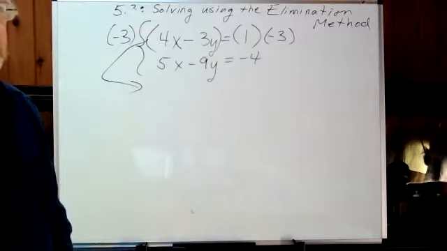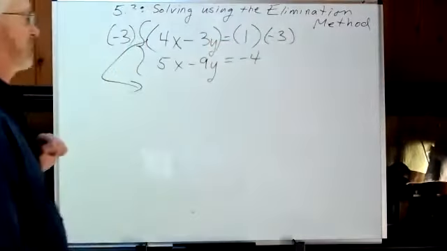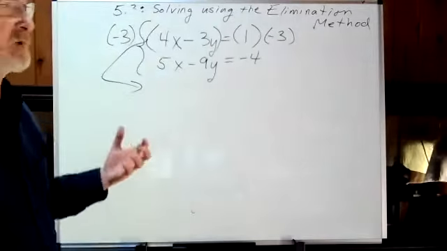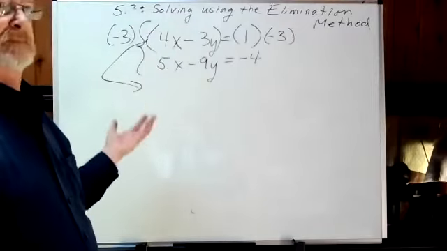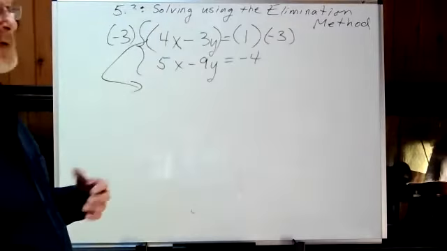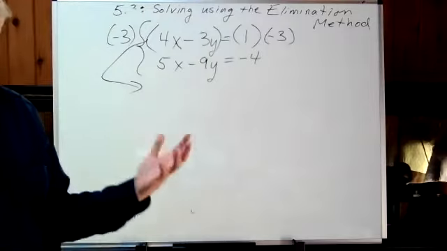We're using a different technique that eliminates one of the variables. Adding the two equations together, if it causes one of the variables to cancel itself out, then we have a simpler equation with only one variable in it. So this is another method we can use to get down to one variable.